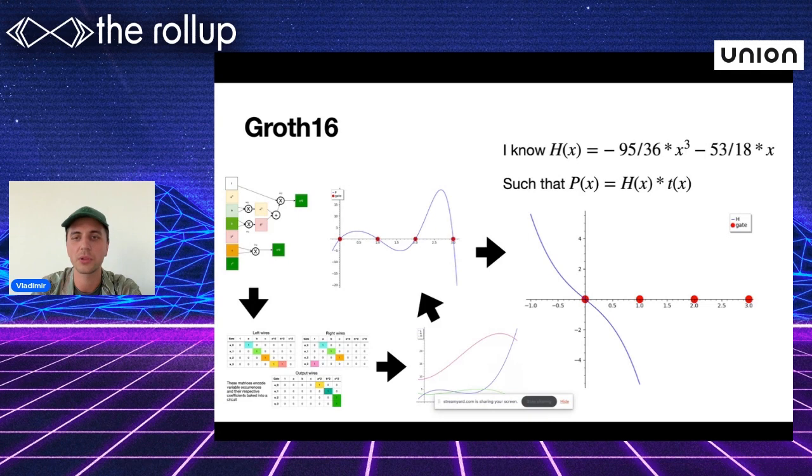Then we transformed it to a polynomial h, which exists only if the assignment was correct. As you can see, this polynomial h gathers the essence of the program because it was created using the matrices from the circuit, and it also exists only if the assignment was correct. So it has both these things.